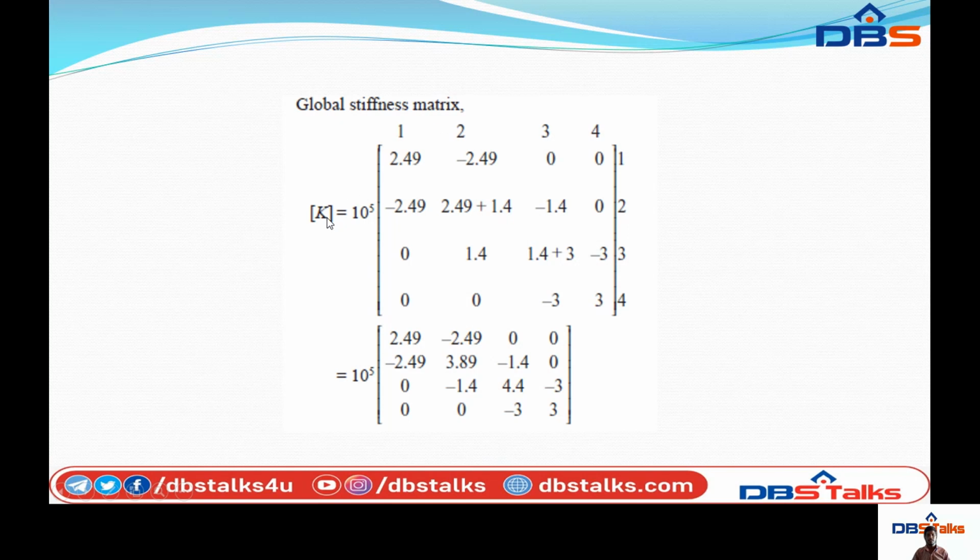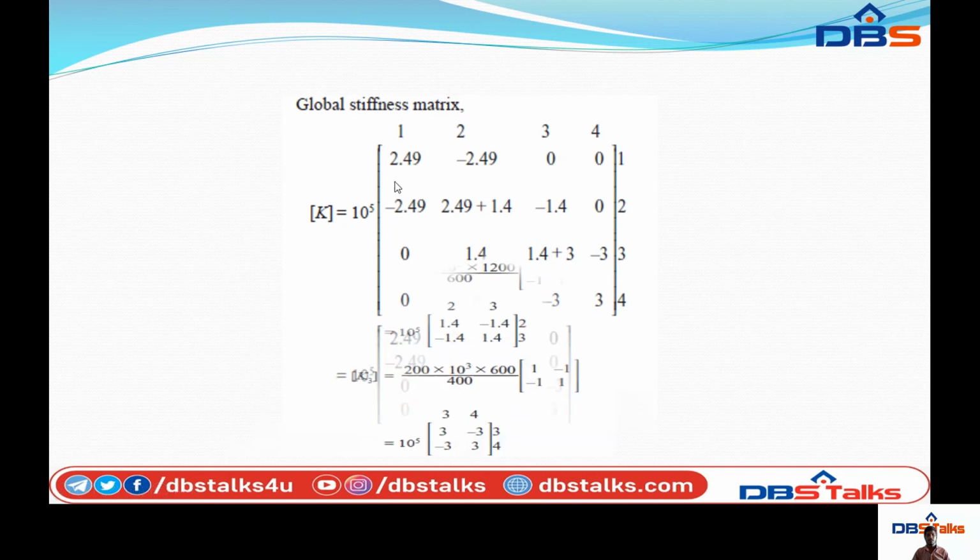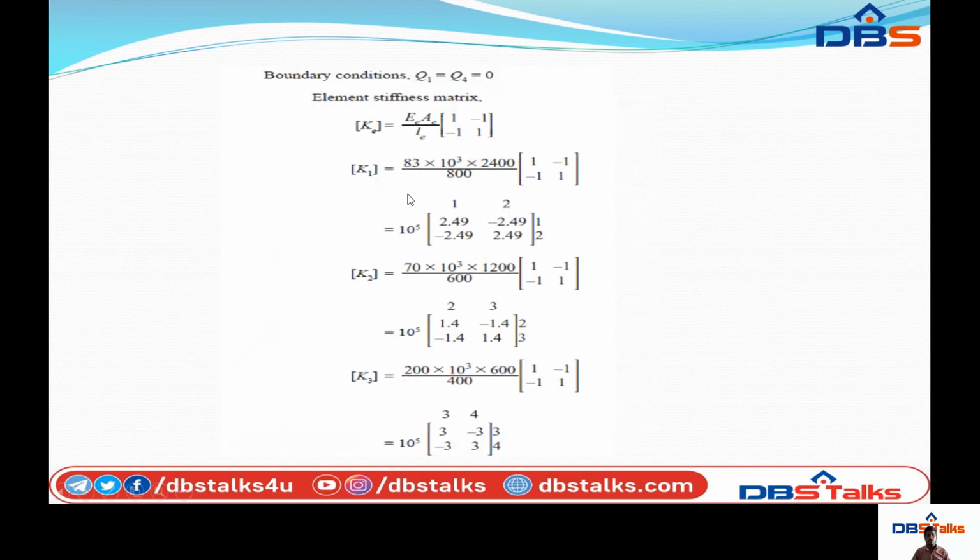For the global stiffness matrix, K equals the summing of all elements, that means writing all the K1, K2, K3 values. For understanding purposes, I'm writing the nodes on the right side and top side, 1, 2 and 1, 2. For element 2, the stiffness matrix nodes are 2, 3, 2, 3. For element 3, the nodes are 3, 4, 3, 4.